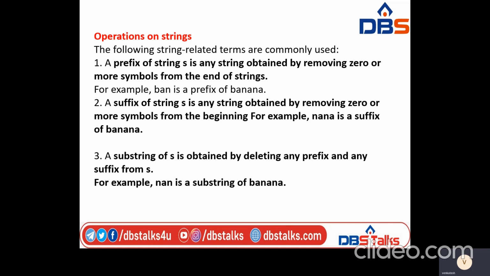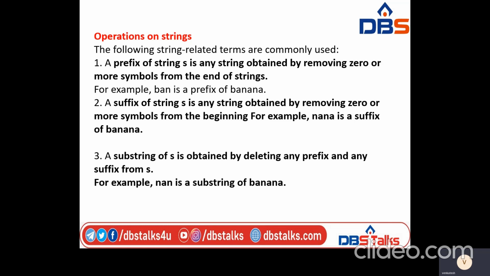Here we delete any prefix, meaning the front part, and any suffix, meaning the part after. From banana, the substring is NAN. So all these are the various operations on strings.